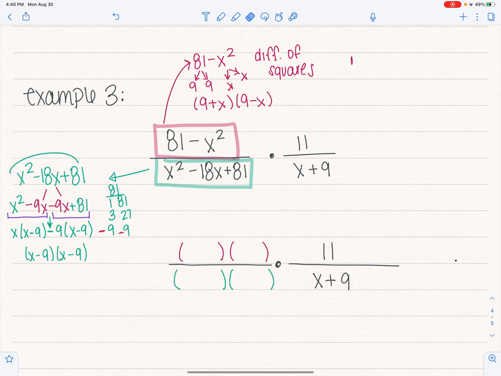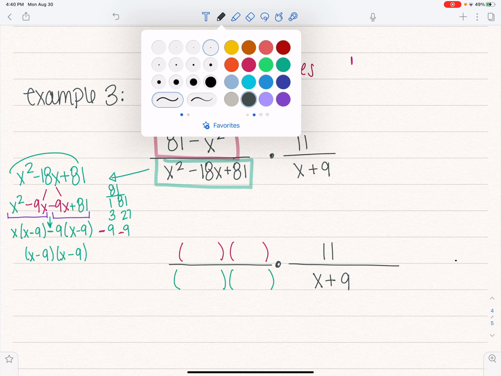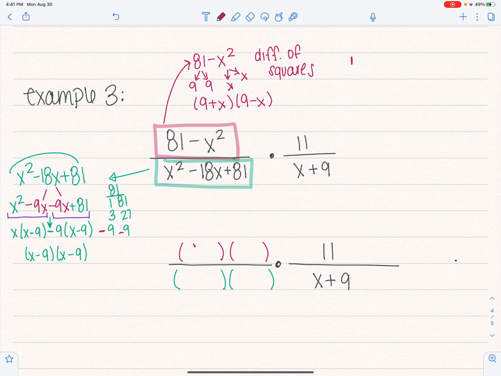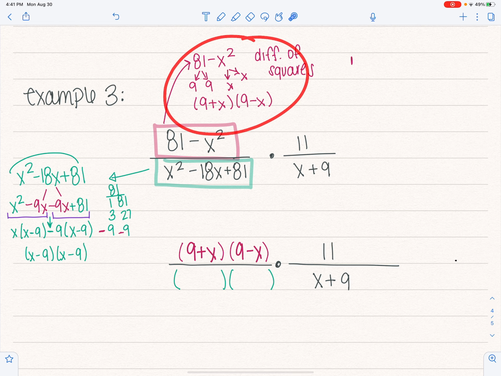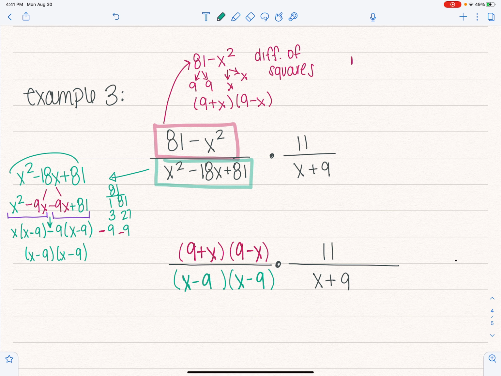So once I've factored everything, I am left with 9 plus x, 9 minus x. That's this part right here. And then on the bottom of that, I'm left with x minus 9, x minus 9. You could write that as x minus 9 squared, but it doesn't particularly matter right now.